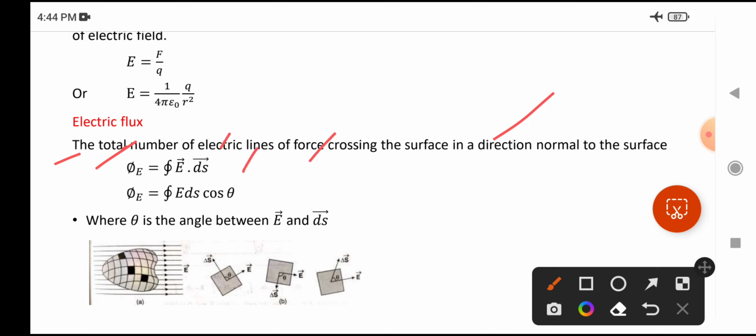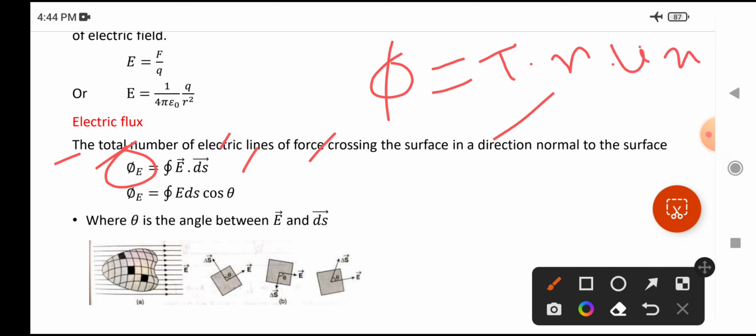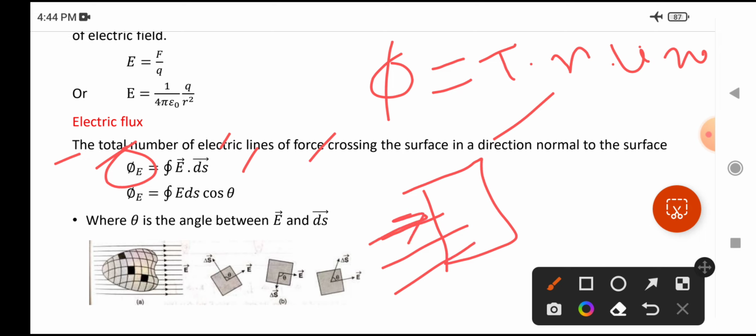It is generally denoted by the letter phi. Phi is electric flux. What does it indicate? Simply, it indicates the total number of lines, how many lines are there, and those lines must be perpendicular to the considered area.